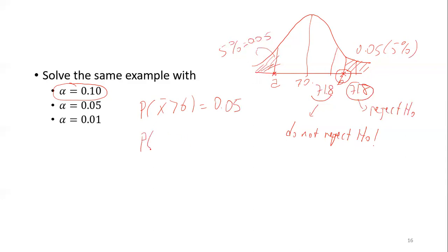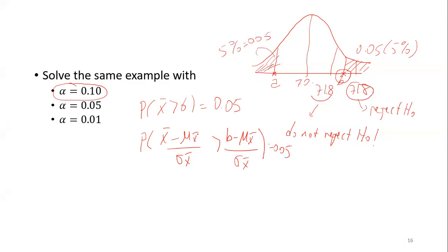Convert this probability to standard normal: X bar minus mu of X bar divided by sigma of X bar, greater than B minus mu of X bar divided by sigma of X bar, equal to 0.05.